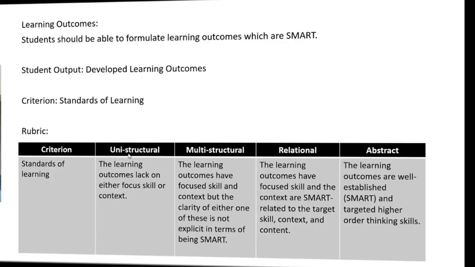Once they are able to make clear the relationship of the context and the focus skill with one another, and it's already a SMART objective, that's the relational level. But in this rubric, we specify that it should not only be SMART, but rather it should target higher order thinking skills. That's our abstract level in this example.